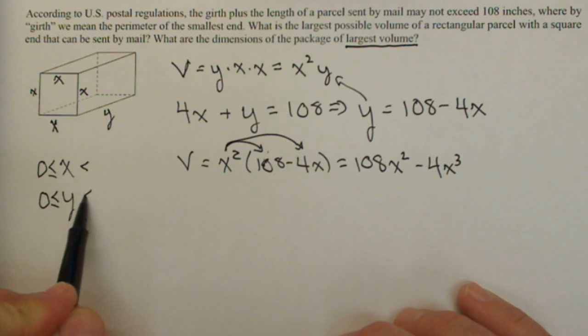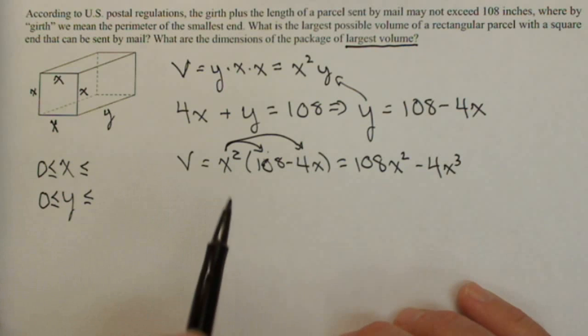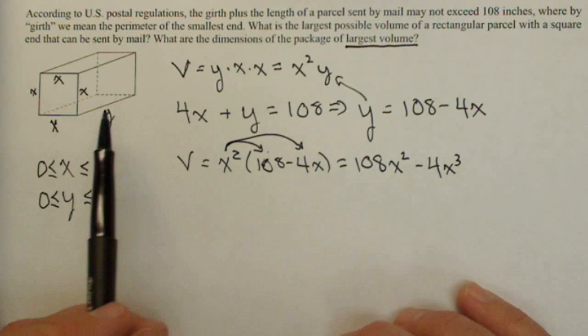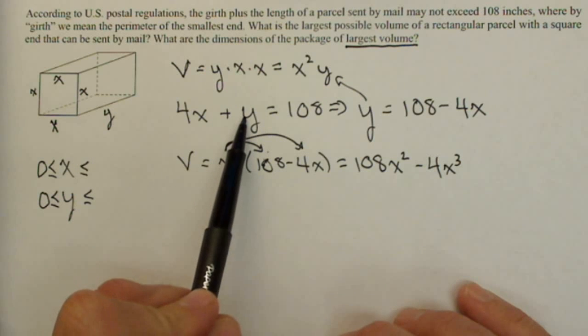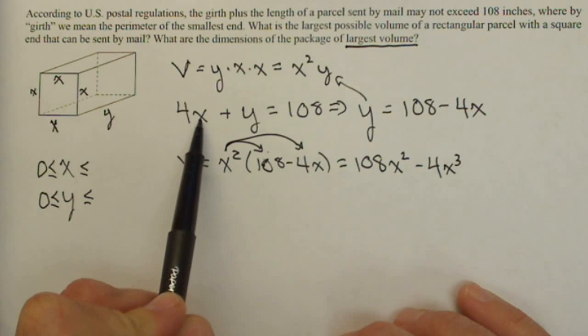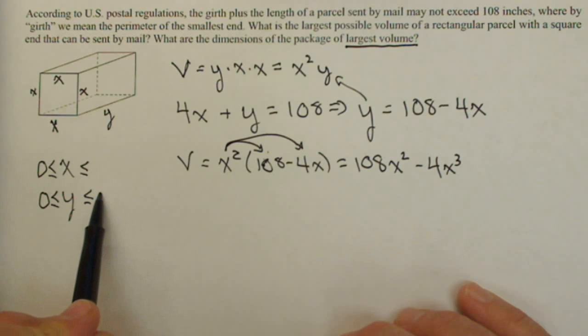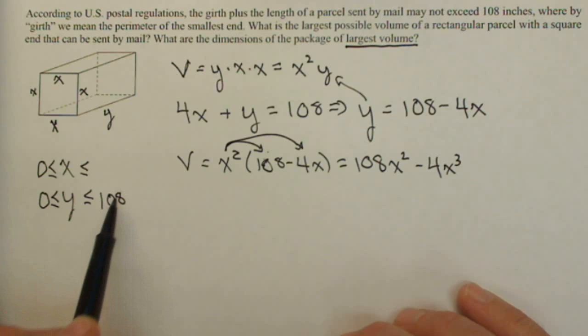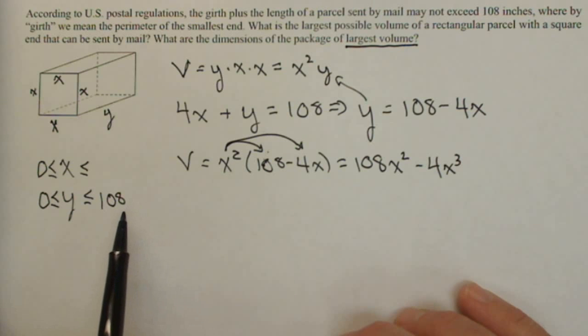Now let's think about the maximum they can be. Well, here's our constraint. So the absolute biggest y could be, that would make sense, to have x be positive. If x was 0, y would be 108. So that's going to be the absolute maximum y.